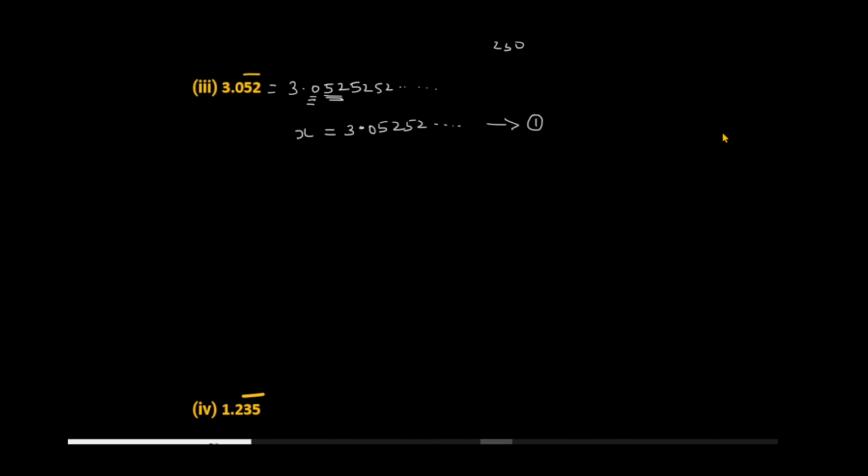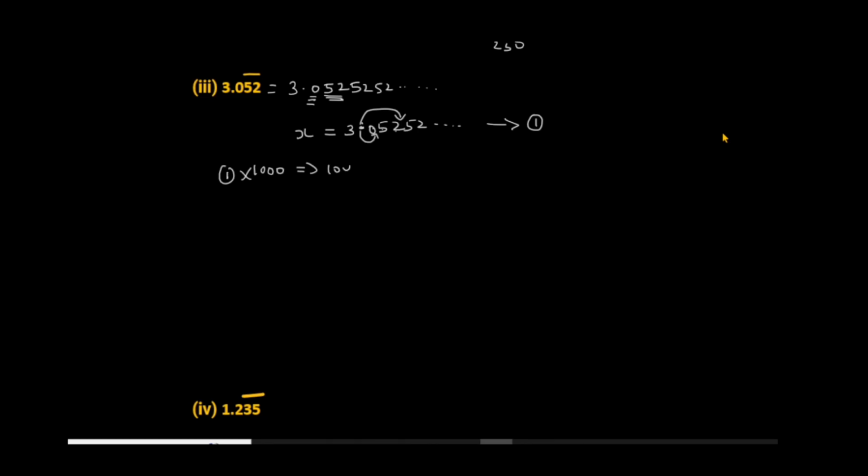For that, first we need to move the decimal here and then here. Then we will be having two numbers with the repeating decimals 525252. The first equation has 3 digits, 0, 5, 2, then we have the first repeating number. So multiply our first equation with 1000.